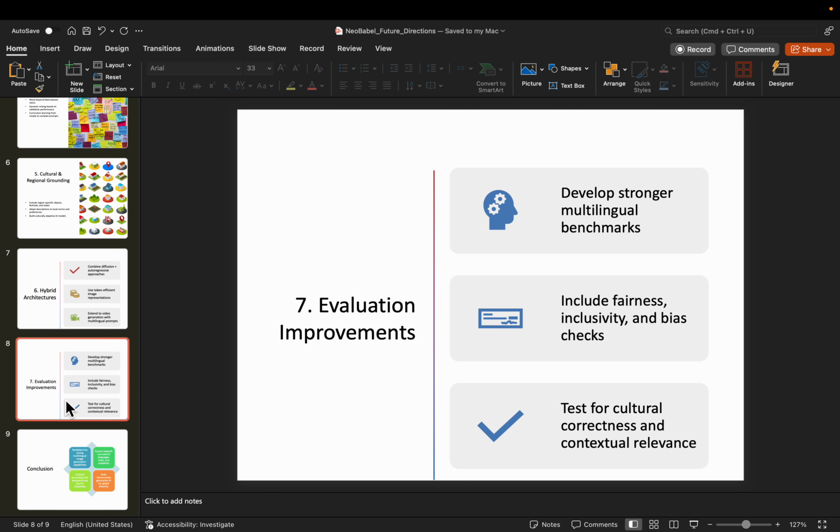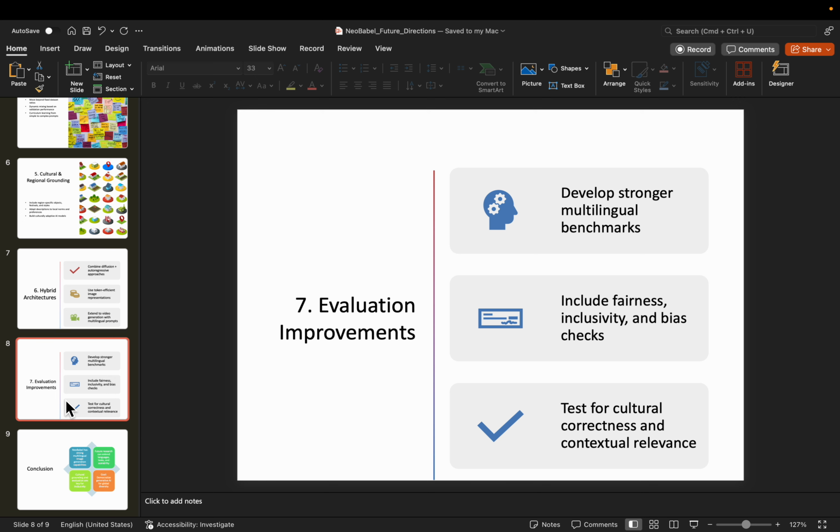It should also take fairness into consideration, and we should check whether there is any bias towards a particular language. So we can use other multilingual benchmarks that include low resource languages and test for cultural correctness.